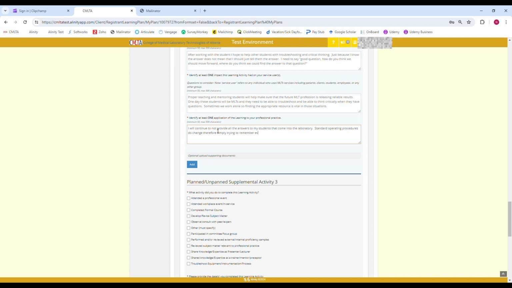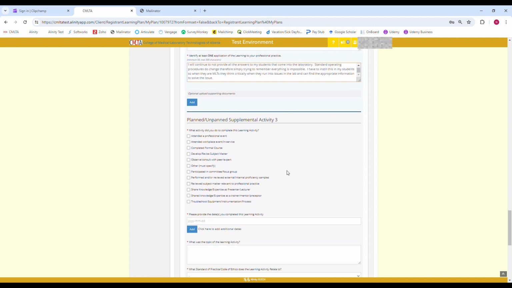They may stress the importance of instilling this in their students so that when they are MLTs, they think critically when they run into issues in the lab and can find the appropriate information to solve the issue. MLTs can also upload supporting documentation if they wish to do so, but again, this is not required as demonstration of learning and application of learning is assessed in the answers to the previous questions.